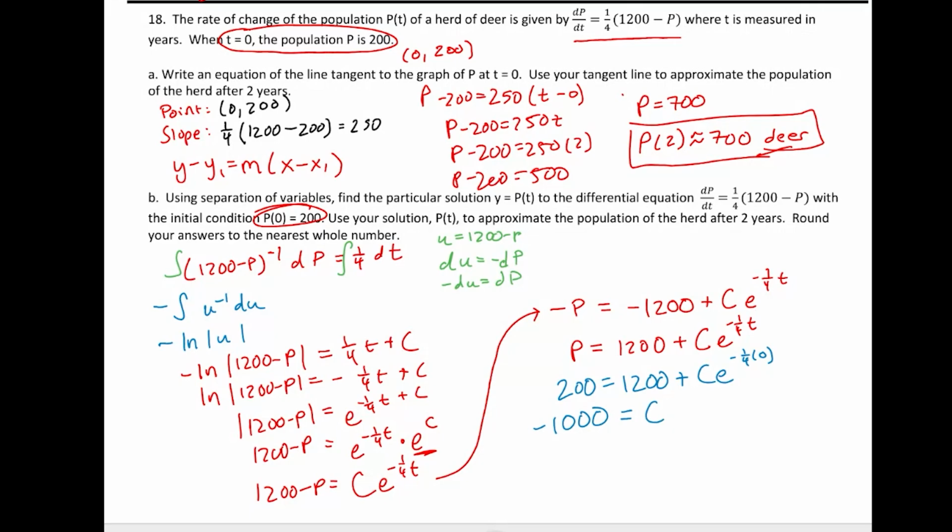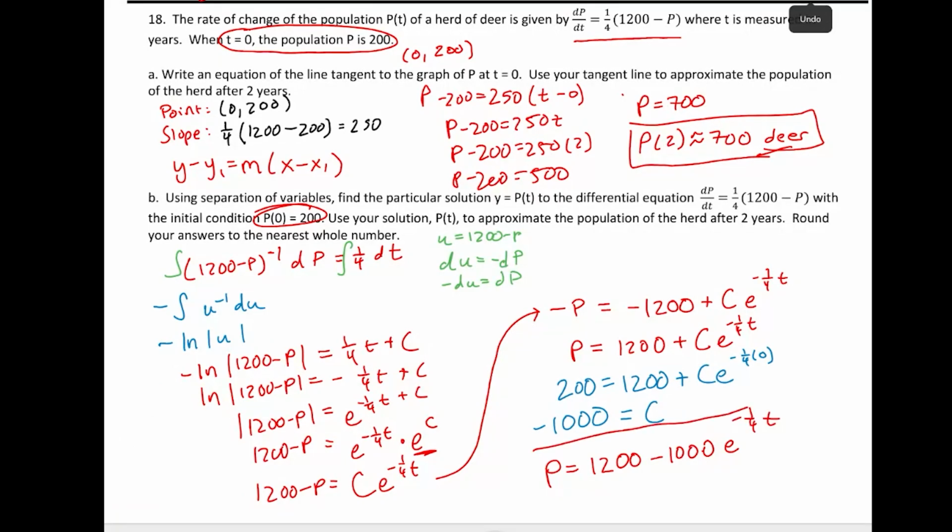So it's just c. So c is negative 1,000. And so now I can write my final equation. p equals 1,200 plus, or no, it's going to be minus because c is negative, minus 1,000 times e to the negative 1/4 t.